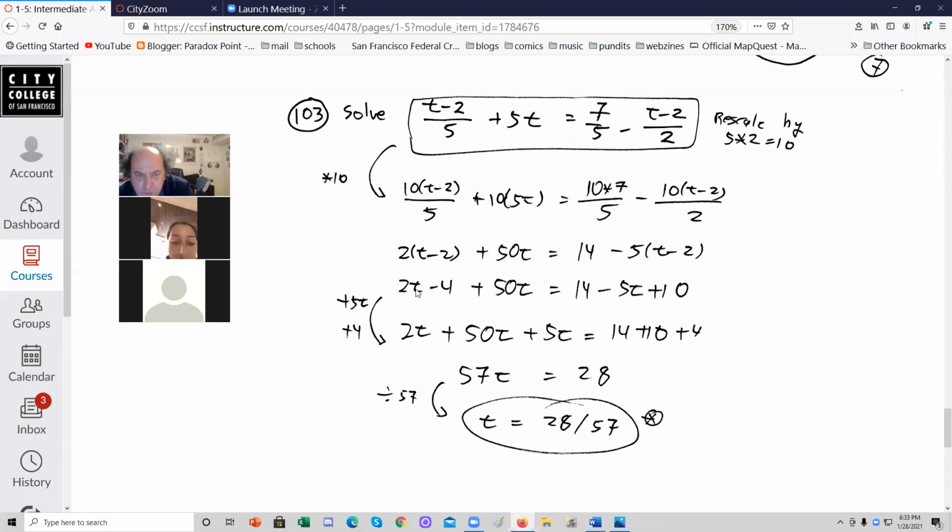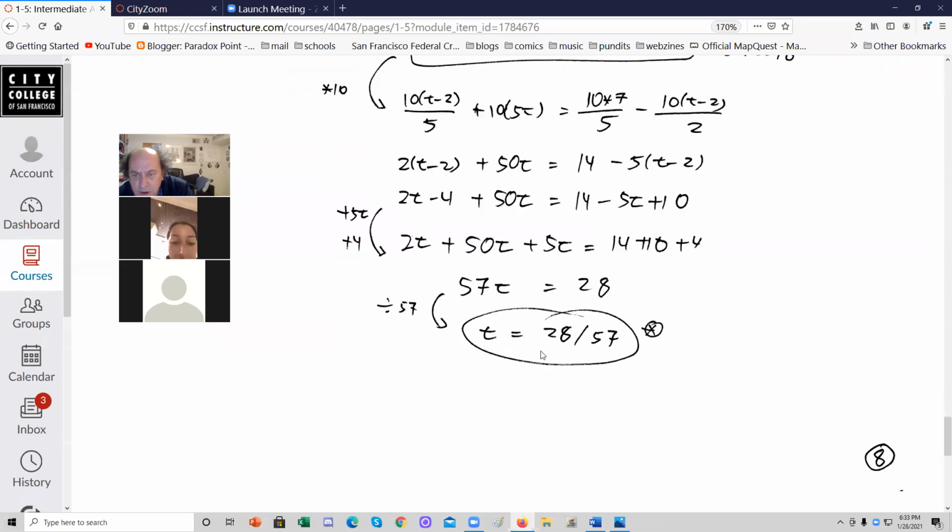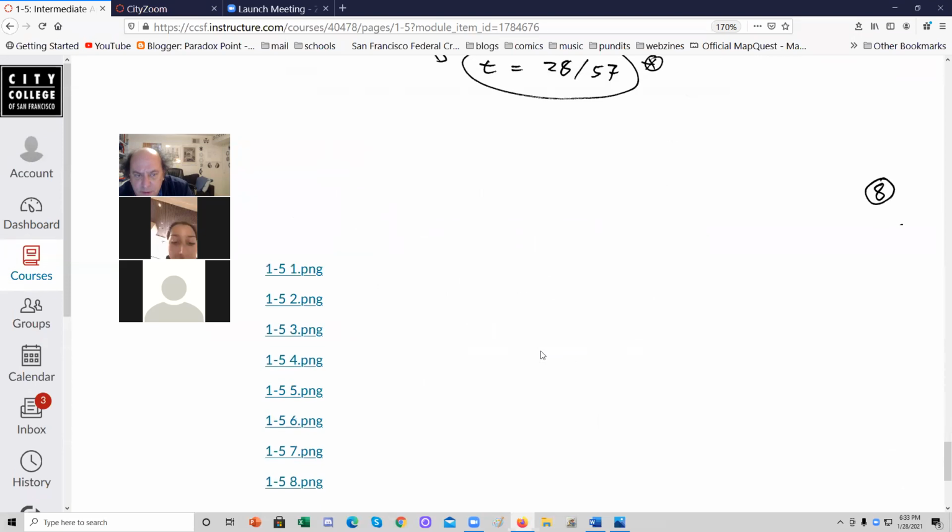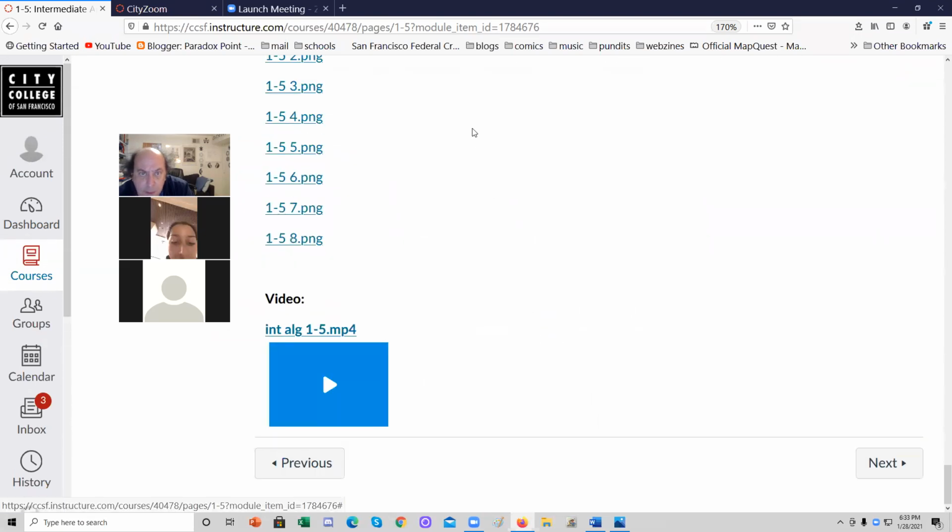So you get 2t plus 50t plus 5t on the left equals 14 plus 10 plus 4 on the right. After some simplifying, 57t equals 28, and divide by 57, t equals 28 over 57. All right. Let's stop.